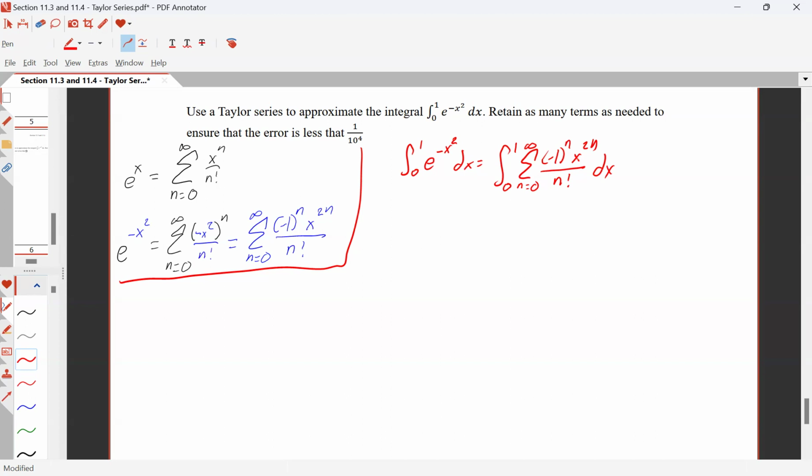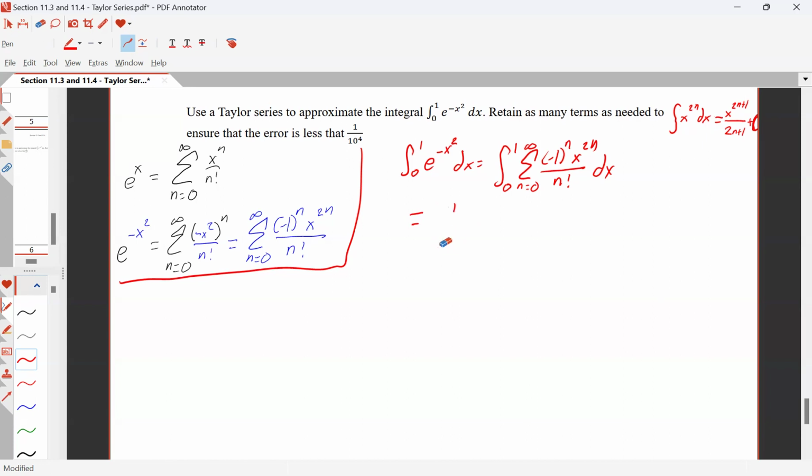And so integrating x to the 2n is equal to adding 1 to the exponent and then dividing by the 2n plus 1, and plus c for the antiderivative.